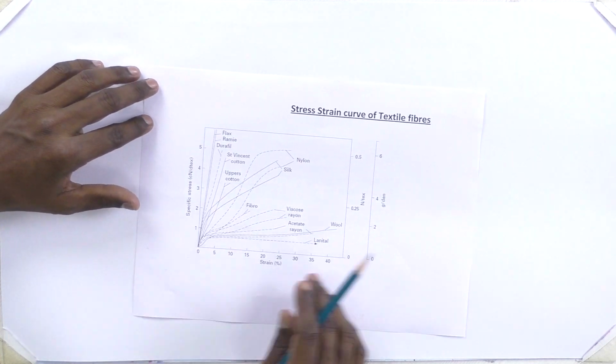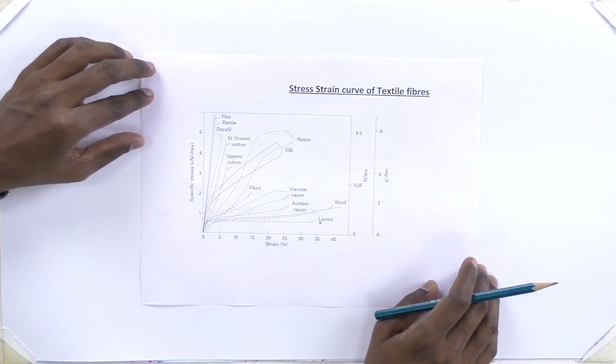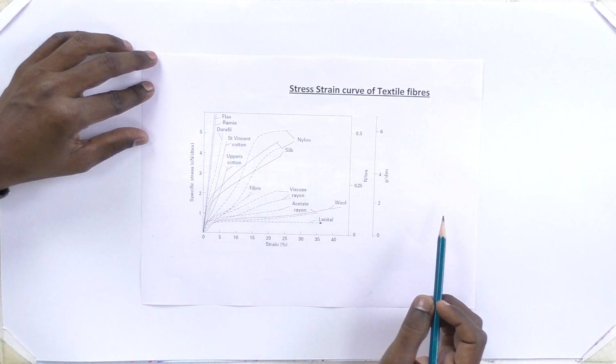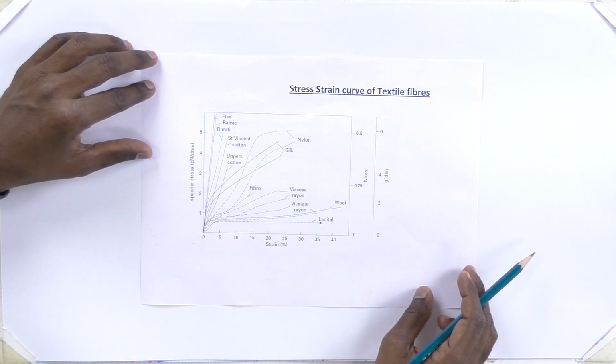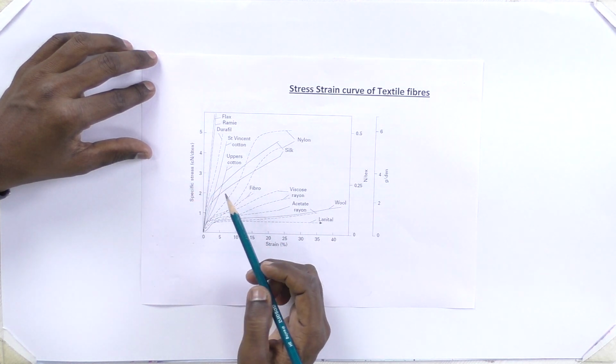So, this diagram shows the stress strain curve of textile fibers, that is, how the fiber behaves while applying the load. Here, the y-axis we can take as specific stress in cN per decitex, N per tex or gram per denier.